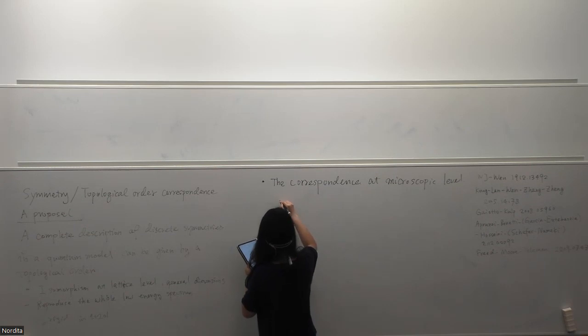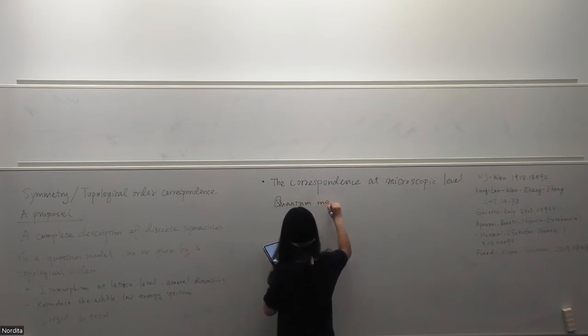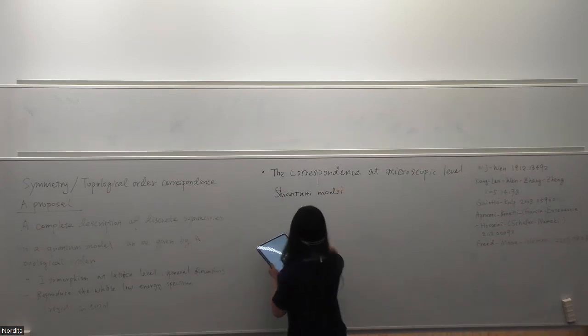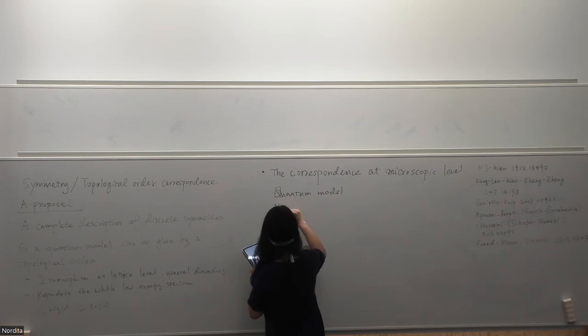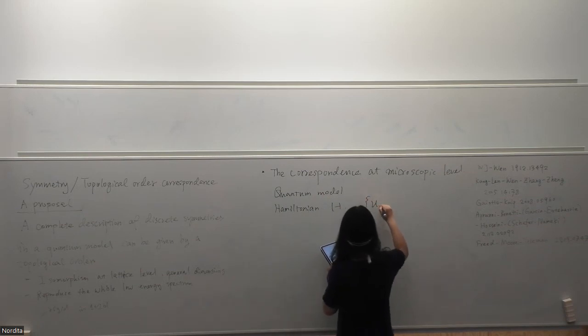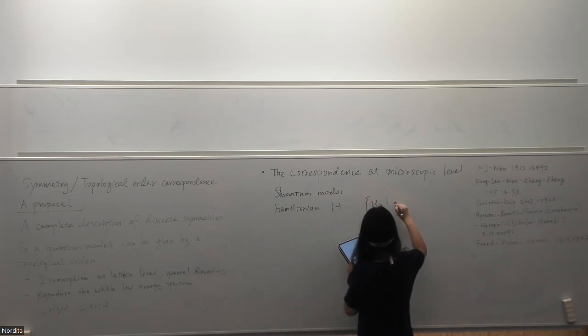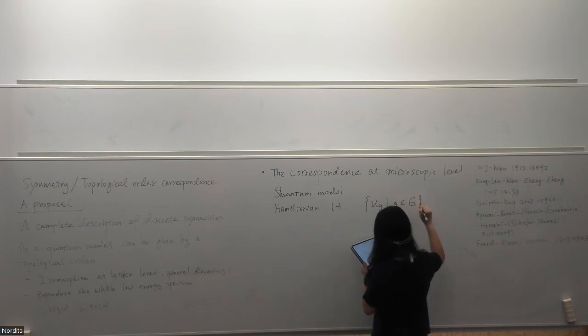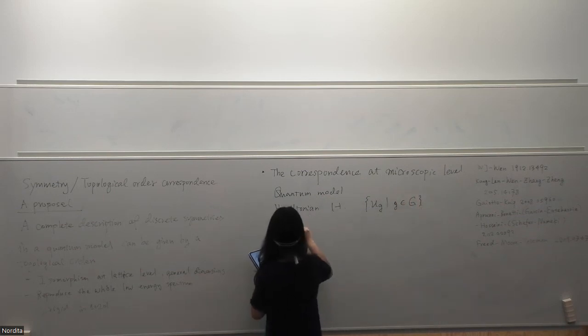One side is this quantum model. And in the quantum model, we mean that we will have a Hamiltonian. And we will have a symmetry that's some unitary operators that forms now just a group. And all those unitary operators commute with the Hamiltonian.